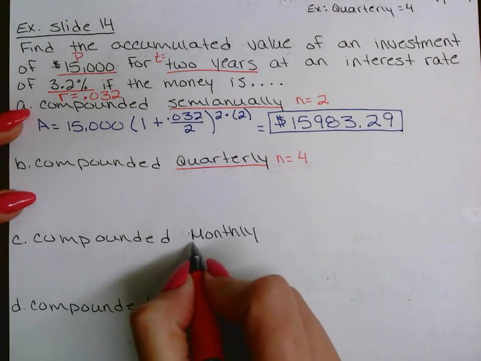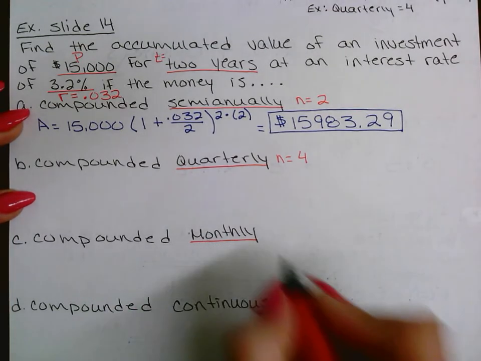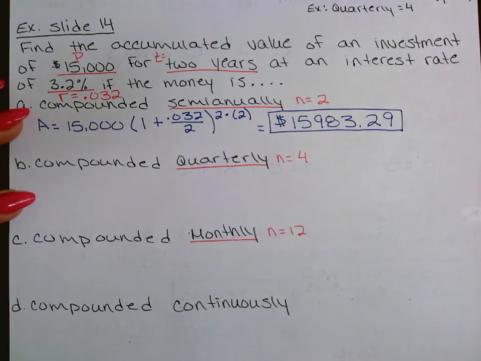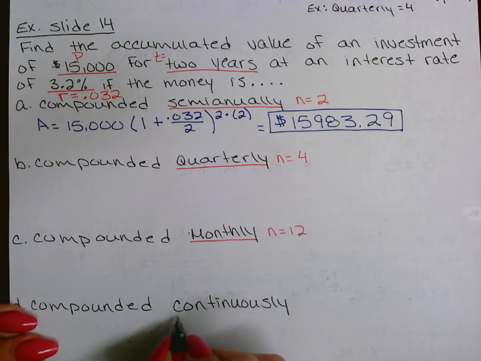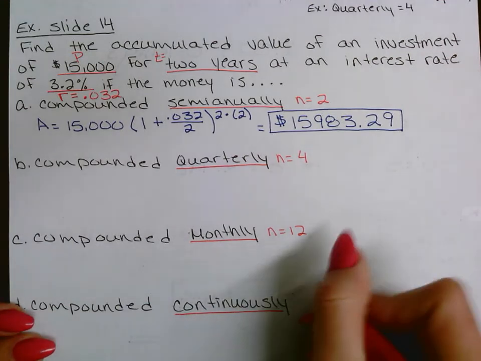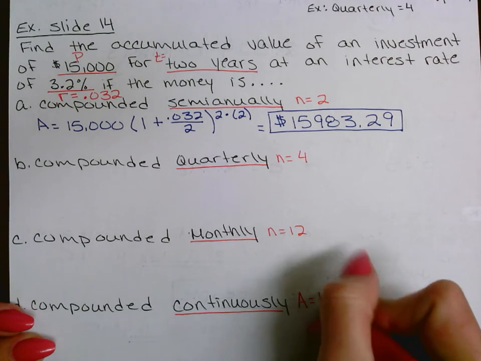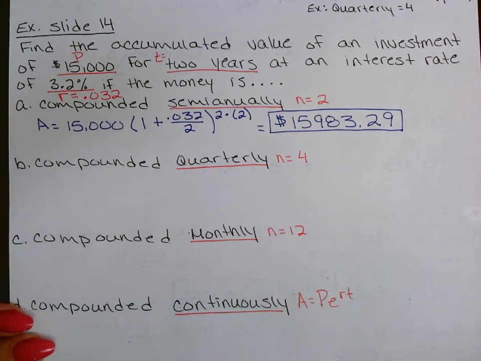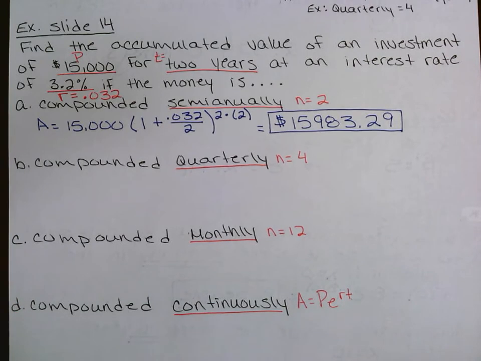On C, monthly is going to change what? My N to 12. Very good. And then how about for D, compounded continuously? Good. It completely changes the formula to the one that we said the acronym was PERT, okay, which does not have an N. So let's take a moment and set up those equations.